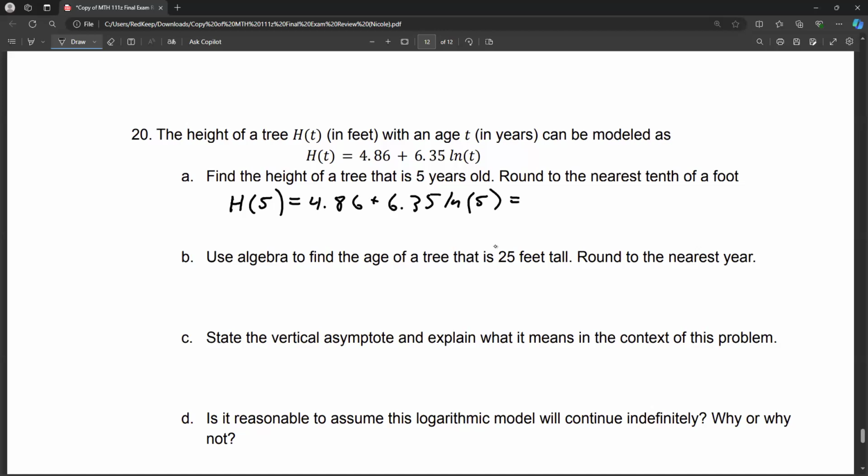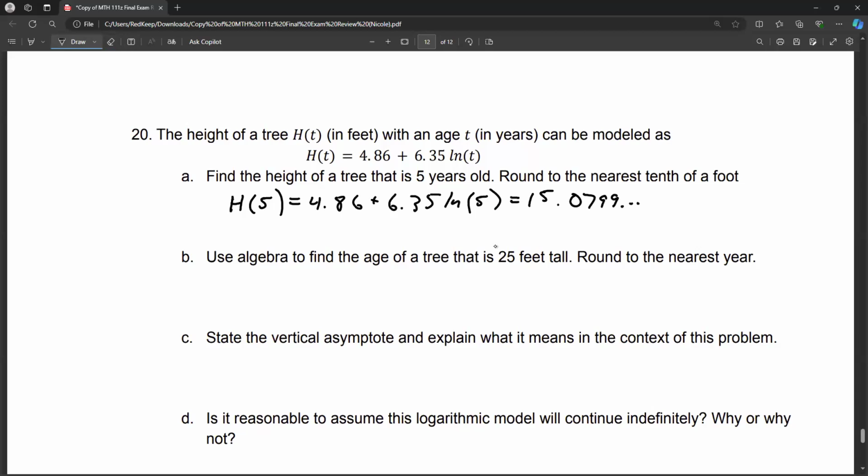And I think I used my calculator, obviously, to find this. My calculator gave me something like 15.0799.